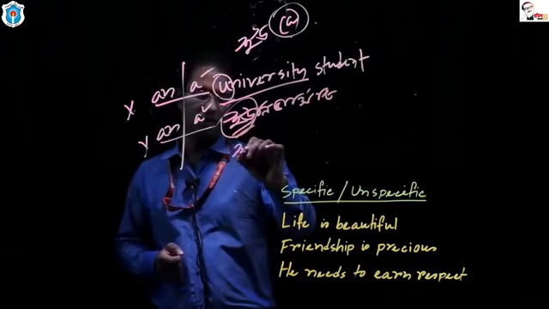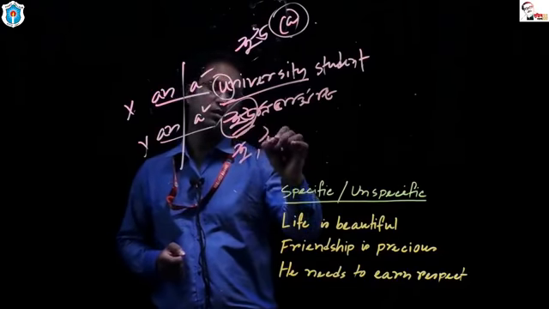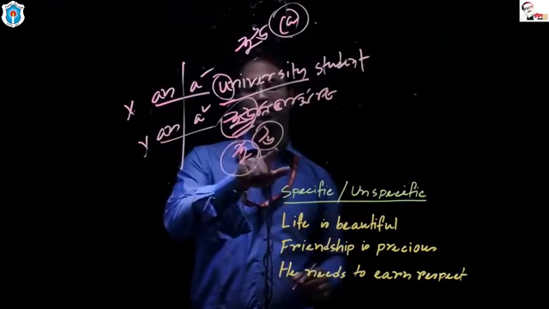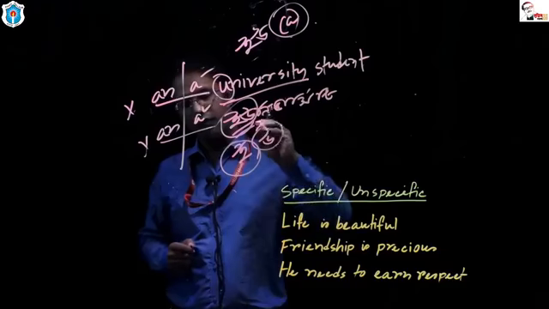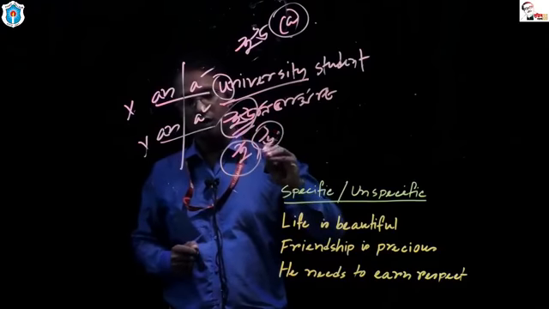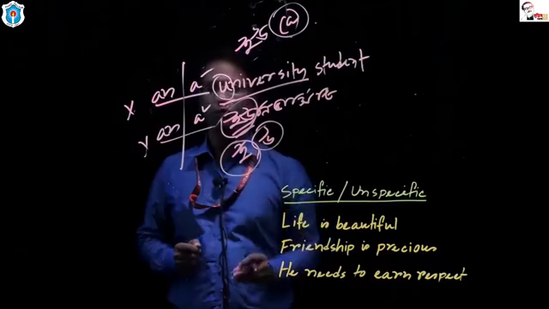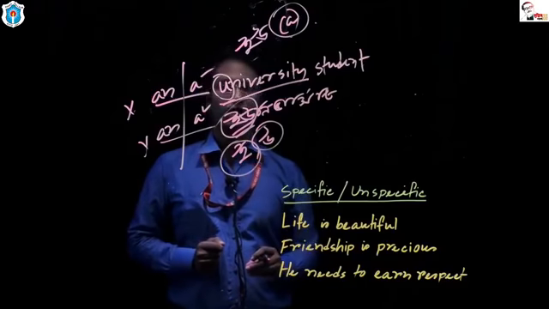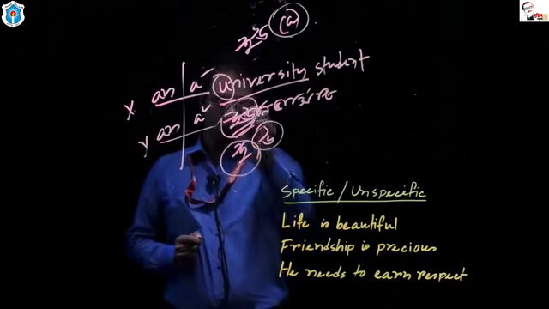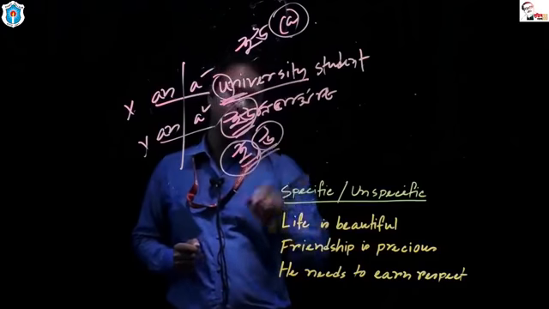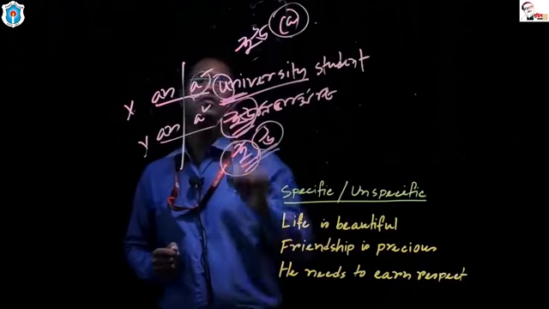One is E and another is U. So if any word starts with two vowel sounds, then we will use A instead of AN. So here is university student. There are two vowel sounds, that's why a university student.